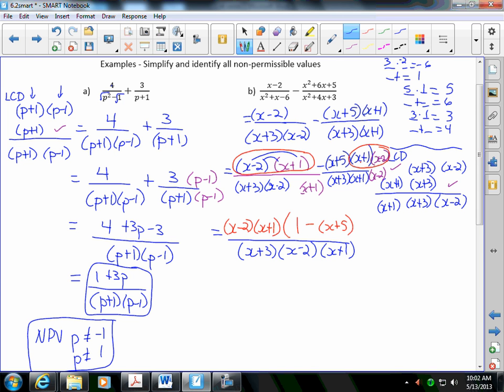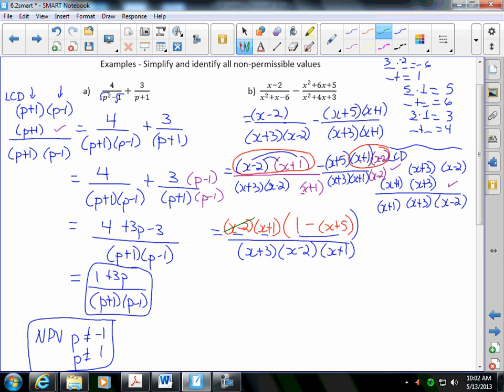So if I take a look at this now, I'm going to come back and do my restriction in a minute, but I'm going to take a look at what I can do from here. So on here, because these are all being multiplied together, x minus 2 is a factor, x plus 1 is a factor, and this 1 minus x plus 5 is a factor. So because they are factors, I can cancel. I can't cancel parts of the factor, but the whole thing.